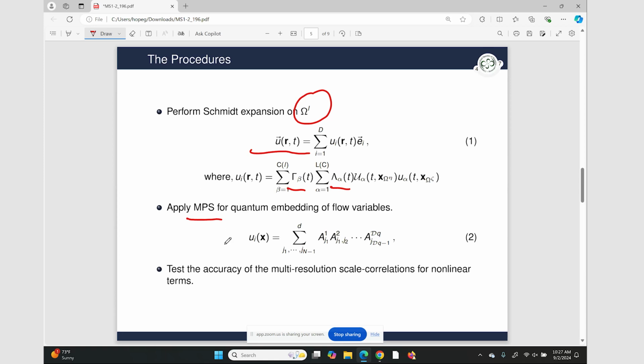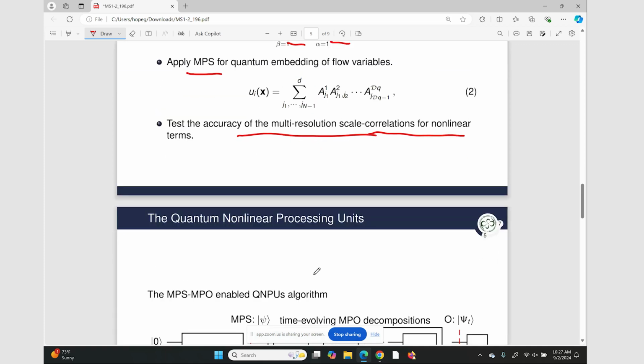We will finally test the accuracy of the multi-resolution space correlation for these nonlinear terms. The idea is to compare the accuracy with the linear approach: if you linearize the nonlinear terms, we have a linear solver and get a solution, which is compared to the direct calculation through the multi-resolution scale correlation.